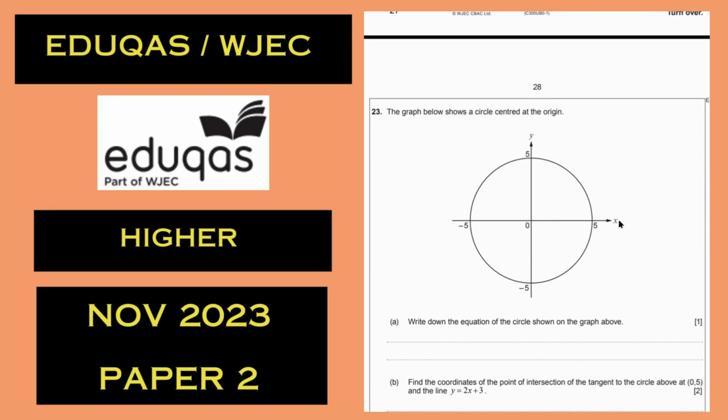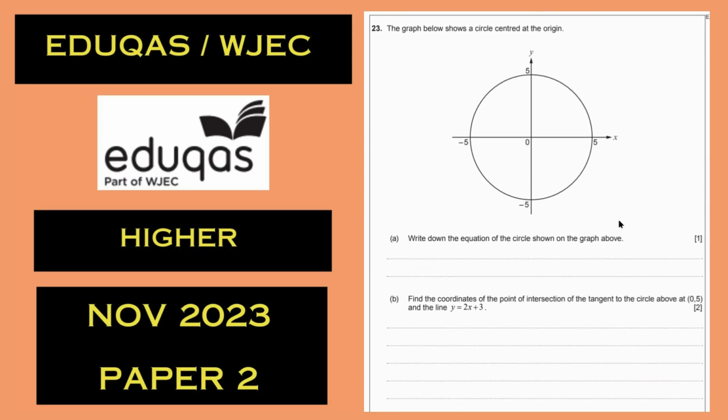Looks like a horrible circles question. Not as bad as that. The equation of a circle, don't forget, any point on a circle can actually be described using Pythagoras. That's what it's all about. Why?